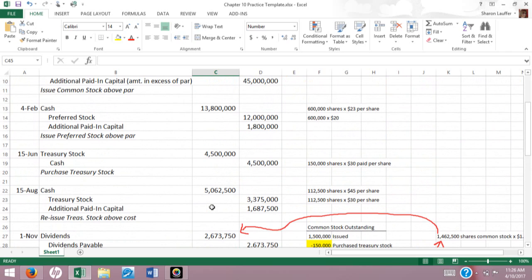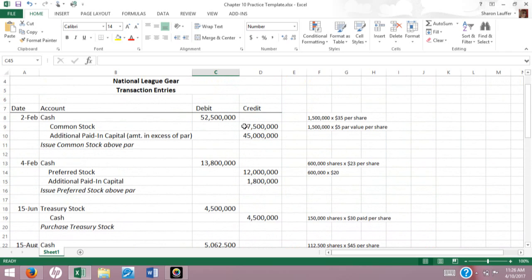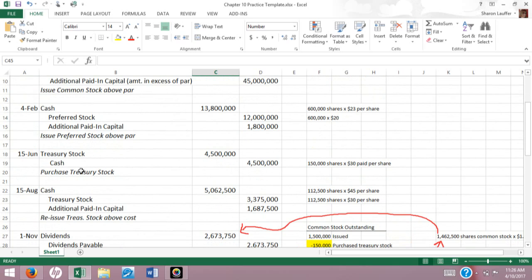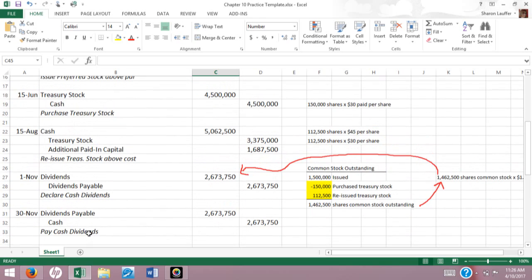All right, so we have common stock at $5 par value. And let's see. Up here we had an entry to common stock for $7,500,000. Now you can scroll down and we're looking for any transaction that is recorded to the account common stock. And there aren't any.